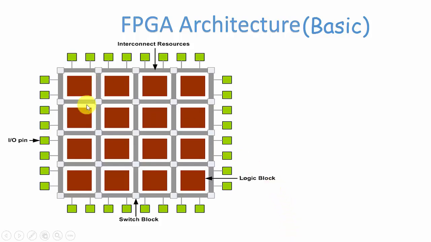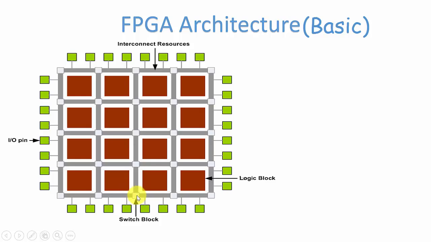Mainly, FPGA architecture contains four things. The first one is the logic block, which we can program, indicated with brown color. All the brown things are logic blocks, which can be programmed. The next one is the switch block.